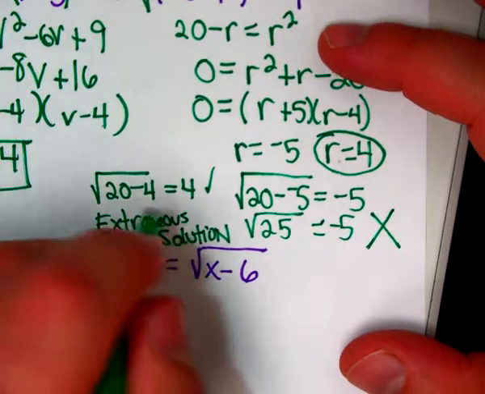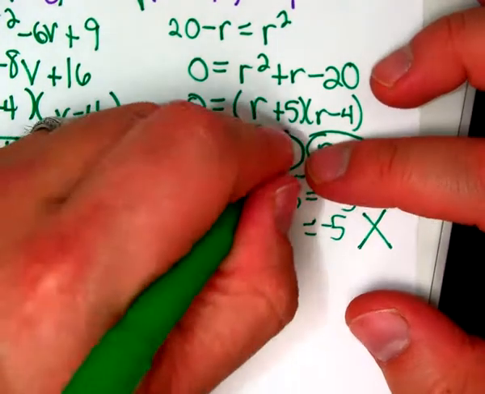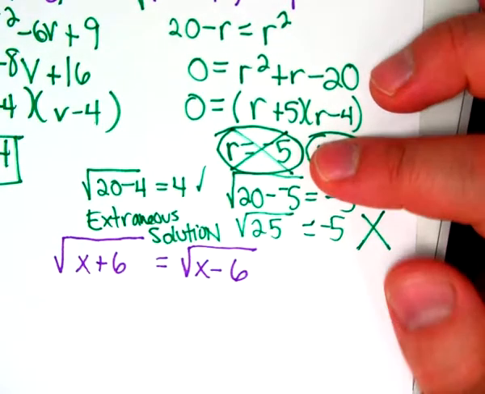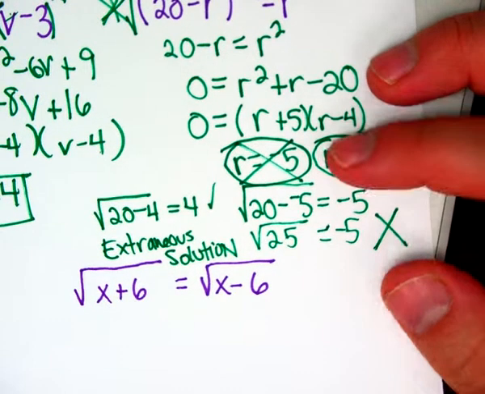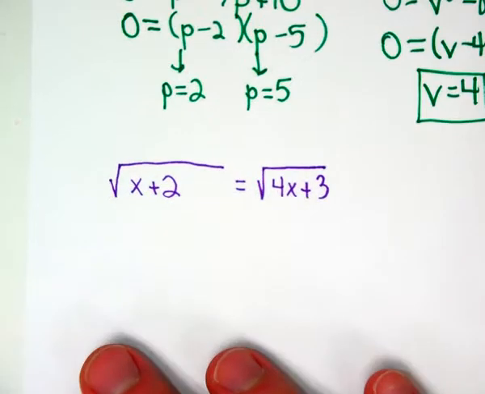So we're going to circle it so that we know that it was one of our answers, and then we're just going to cross it out, saying it's an extraneous solution. So again, it's an answer that we got from doing our normal steps of solving, but when we check it, it doesn't actually work. So unfortunately with these, you are supposed to keep checking them to see if there are any extraneous solutions.